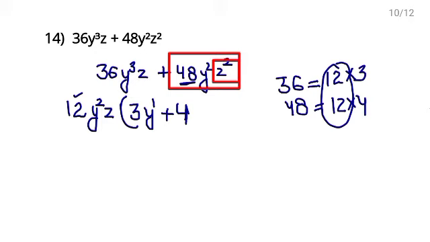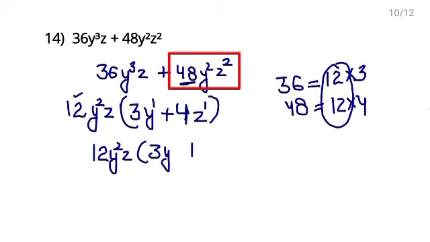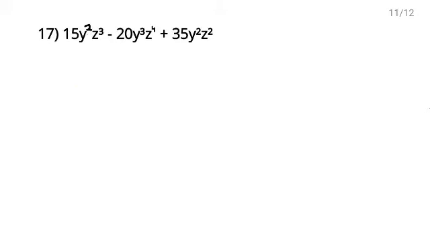Z square was there but you have taken z outside. Out of z square you have taken only power 1 outside, so you are left with power 1 of z. Right? So what is your answer? 12y square z, in bracket 3y plus 4z. Right? This is your answer.